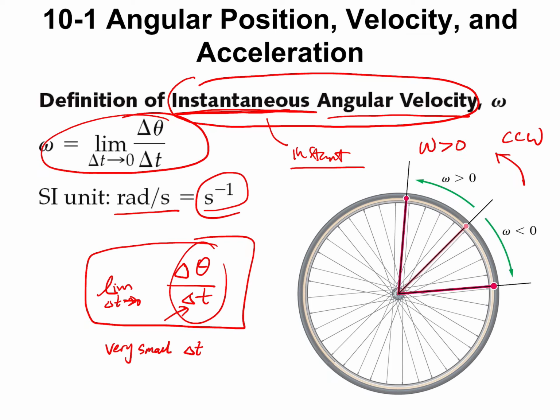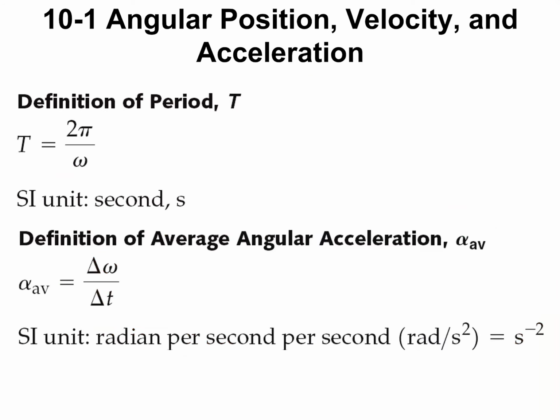That's just by convention. And if we rotate clockwise, then omega is smaller than zero. So it will either rotate counterclockwise or clockwise. Just pick one as positive, then the opposite one will be negative.